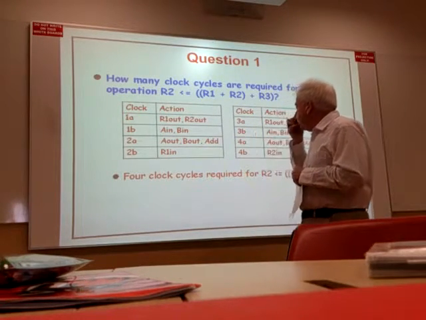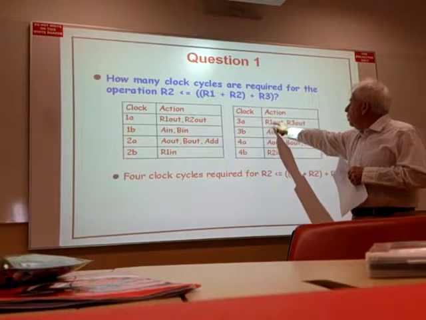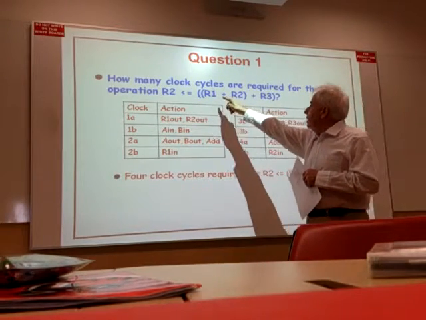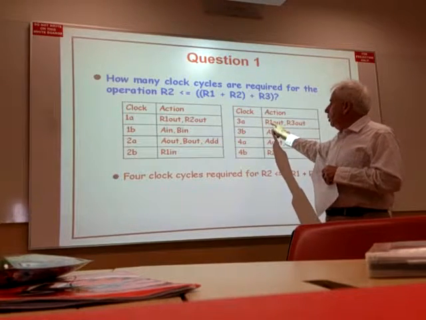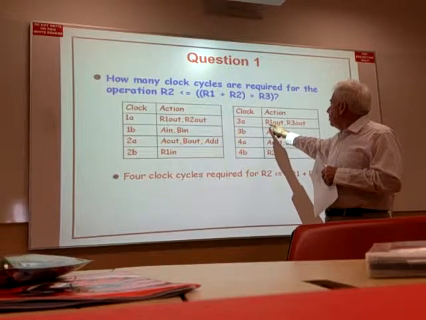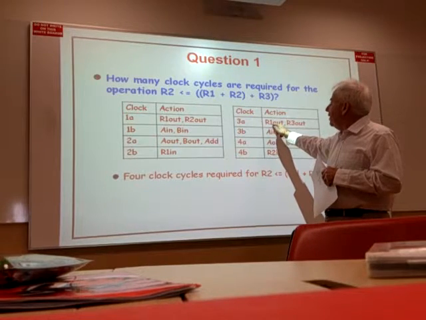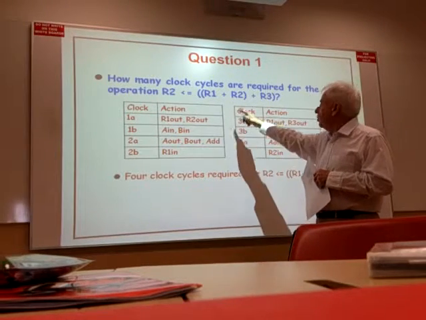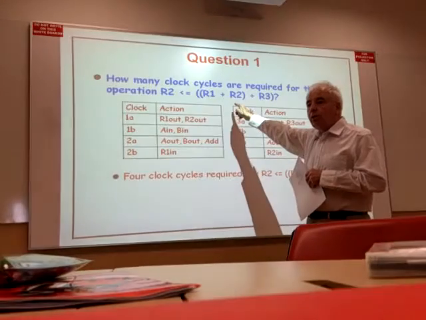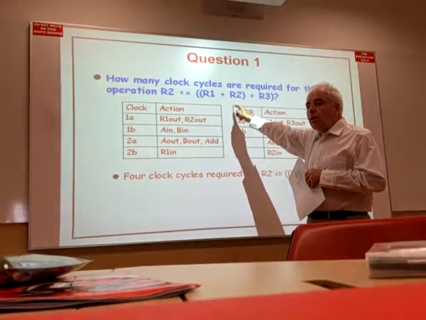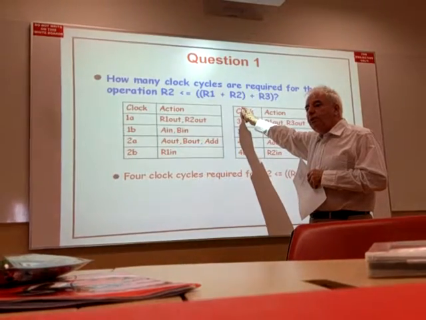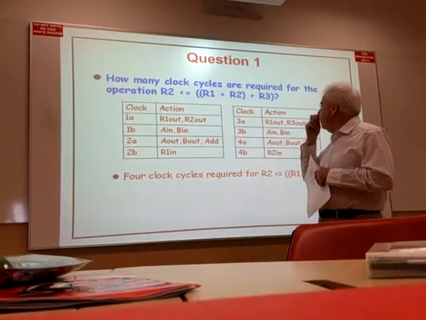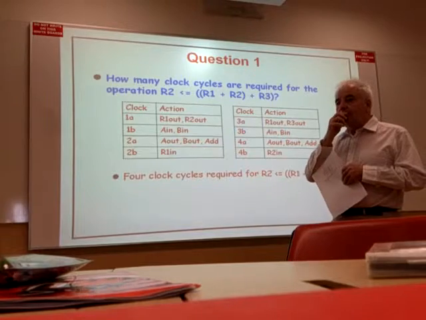Well, the problem there is that you want the value of R1 plus R2. So if you output the value of R1 here, it's going to be the old value of R1. It's not going to be the sum of R1 and R2. Yes, you could run it at the same time, but you wouldn't have the right value of R1.